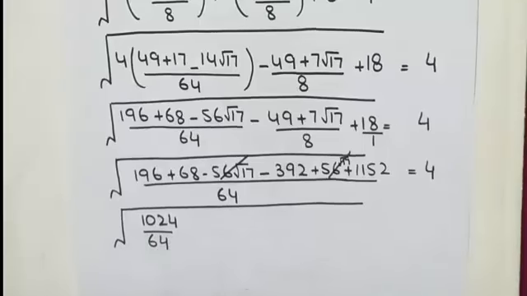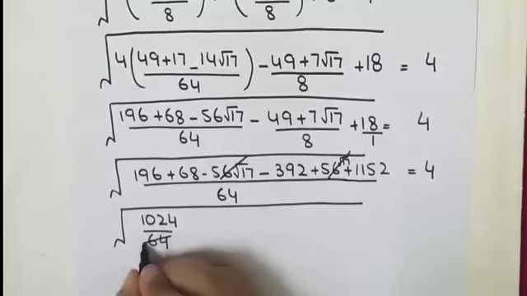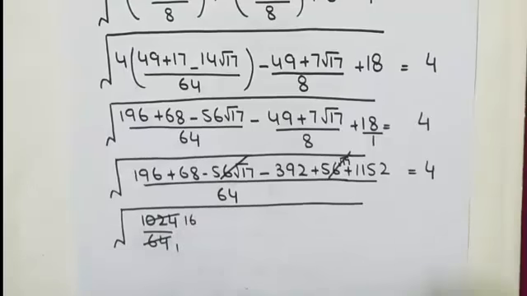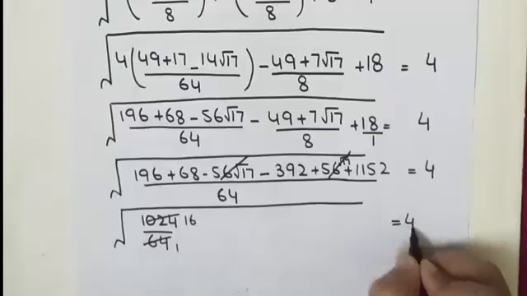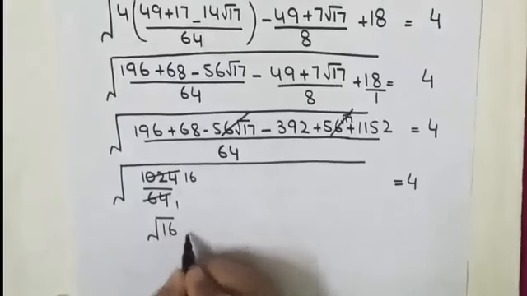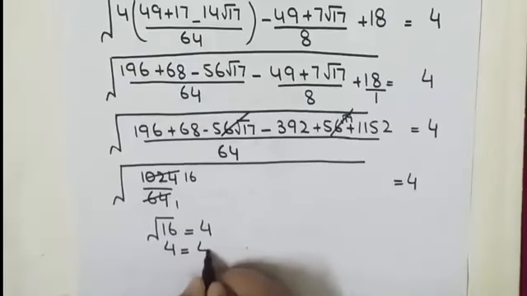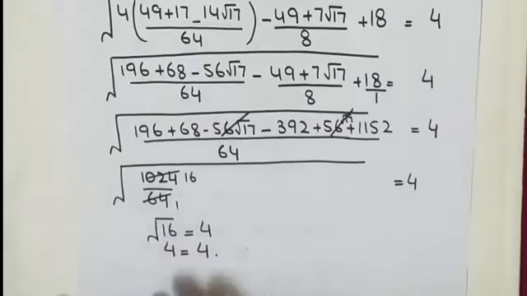Divided by 64. So 64 times 1 is 64 and 64 times 16 is 1024. So here we have under root 16 is equals to 4, and 4 is equals to 4. So our equation is satisfied.